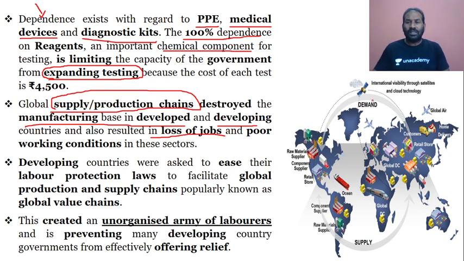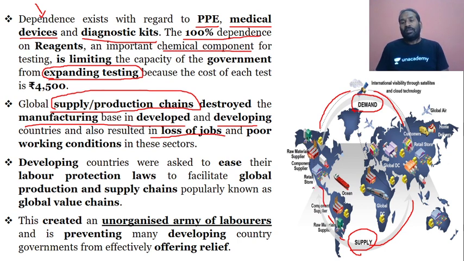So when we look at here, it is demand and supply. This demand and supply, which is happening across the world, linking various countries, is gradually being destroyed, because earlier the developing countries took up the manufacturing units because of the economic liberalization almost three and a half decades back.